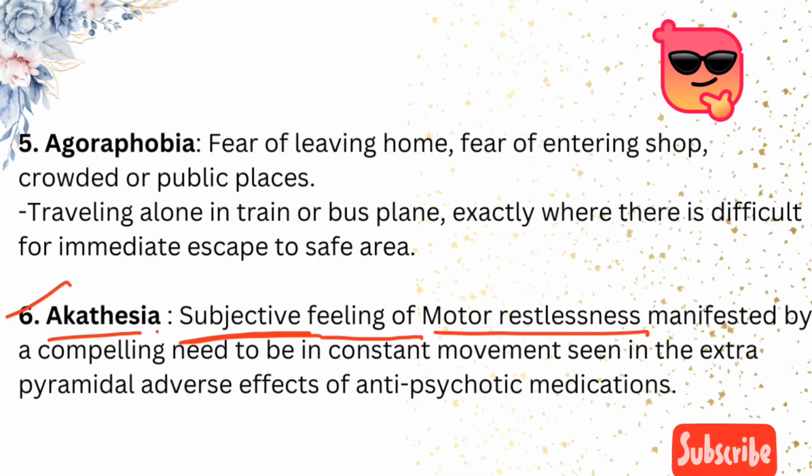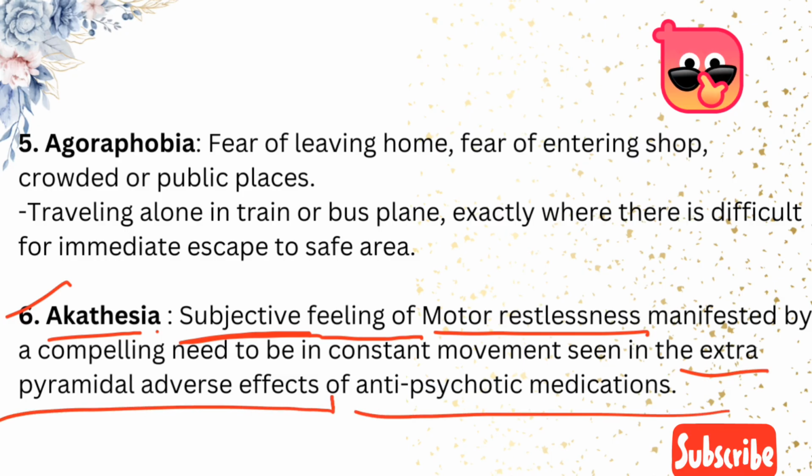So basically akathisia is to be in constant movement when it is seen in extrapyramidal side effects of antipsychotic medications. So after taking antipsychotic medication, it is seen in many patients that they get extrapyramidal effects, and akathisia is one of them.